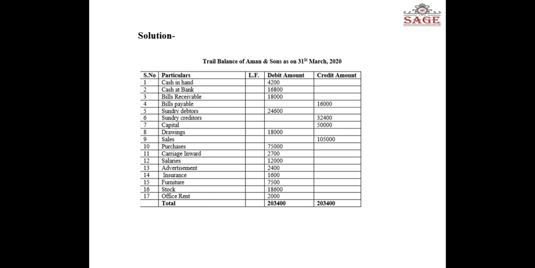If there is any mistake or error at this stage, we can identify and rectify that, and again prepare the rectified trial balance, and on the basis of that we can prepare the final accounts also.